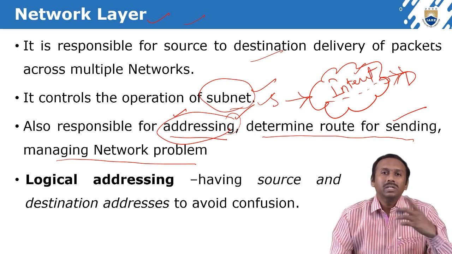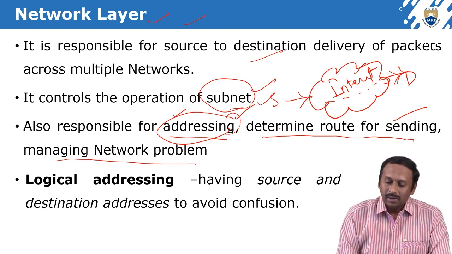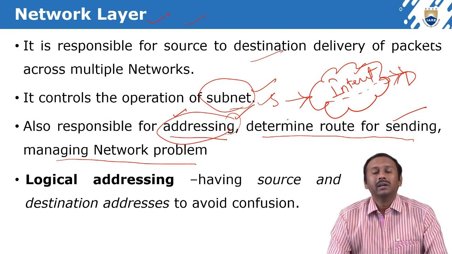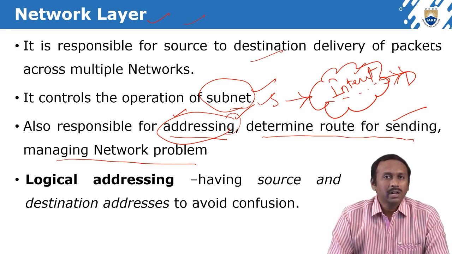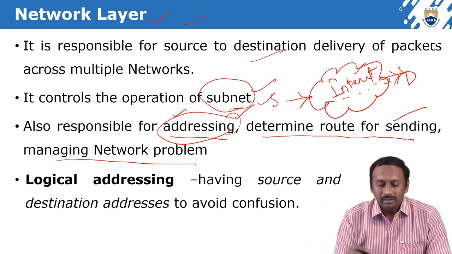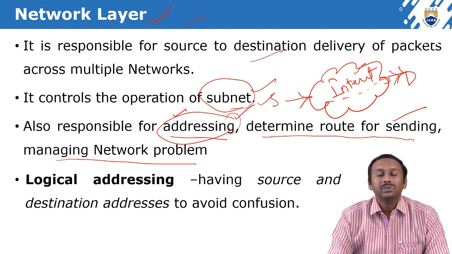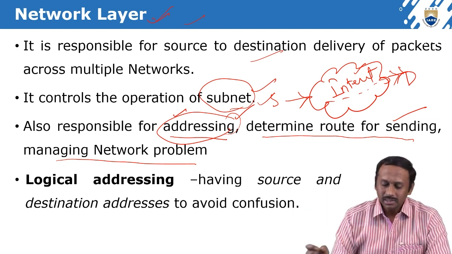Based on such constraints we choose the path. In the same way, for a data packet reaching from source to destination, multiple paths are available because multiple networks are interconnected, and the network layer determines which path is the best path to reach the destination.